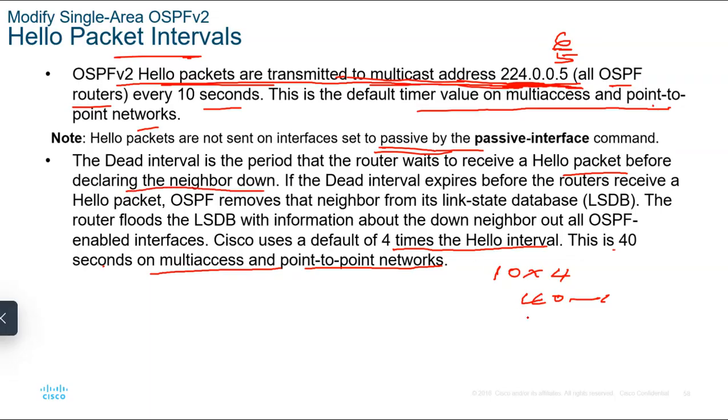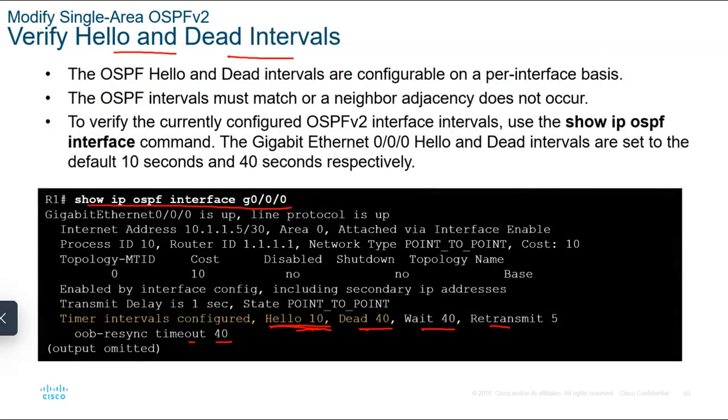If the dead timer expires before the router receives a hello packet, then OSPF removes the neighbor from its link state database. So in other words, if the hello timer is 10, then the dead has to be 10 times 4, meaning it has to be 40.